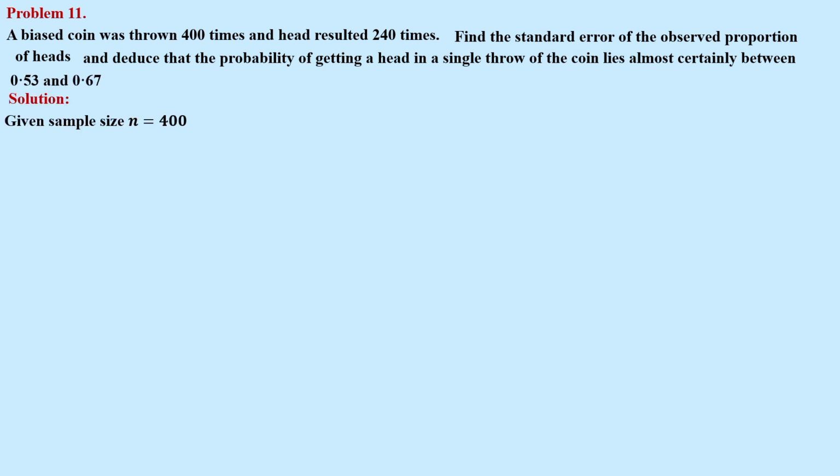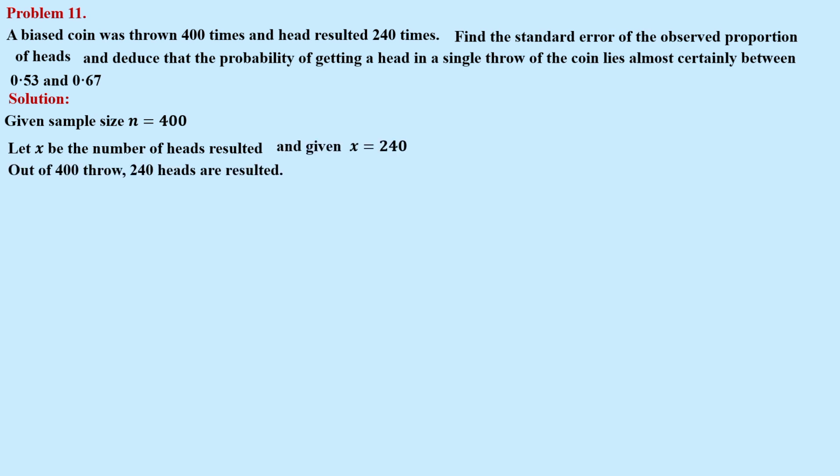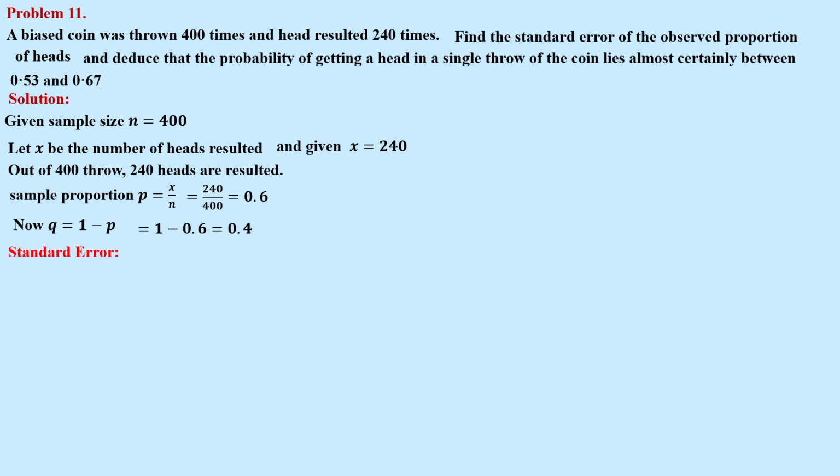Given the number of throws, sample size n is equal to 400, x is the number of hits, that is the number of success, x is equal to 240. Out of 400 throws you are having 240 hits, therefore sample proportion p is equal to x by n, so 240 by 400, 0.6. So q is equal to 1 minus 0.6, that is equal to 0.4.